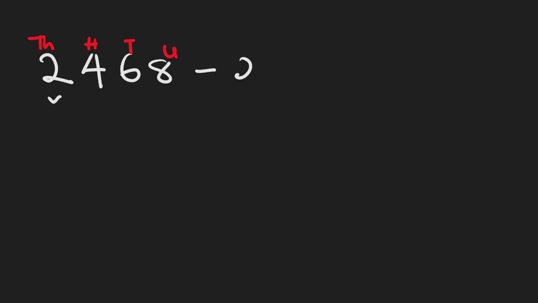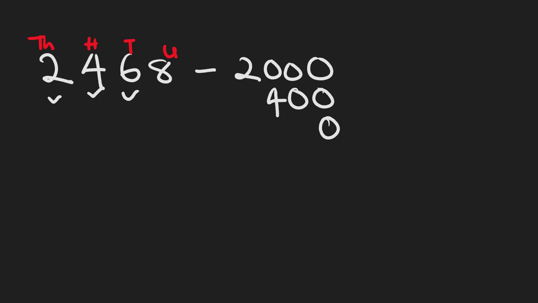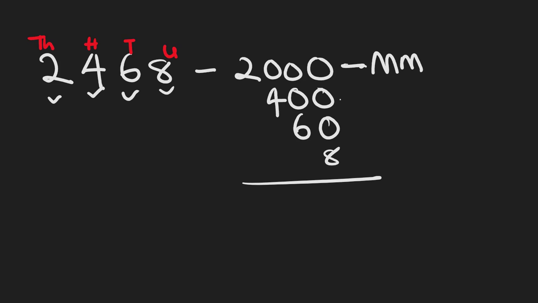Of course, we're going to have unit, tens, hundred, thousand. 2,000 is 2000, right? Then 400 is 004. 6 tens is 60, right? So 06. And 8 unit is 8. What is 2,000? 2,000 is MM. And what is 400? 400 is actually 500 minus 100, which is CD.